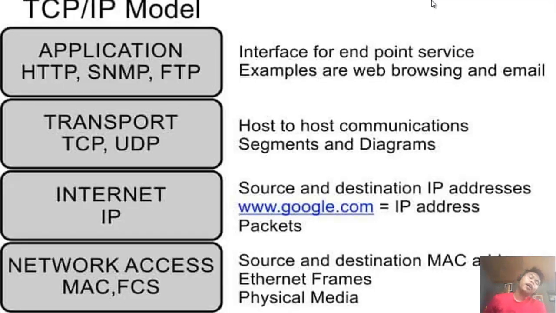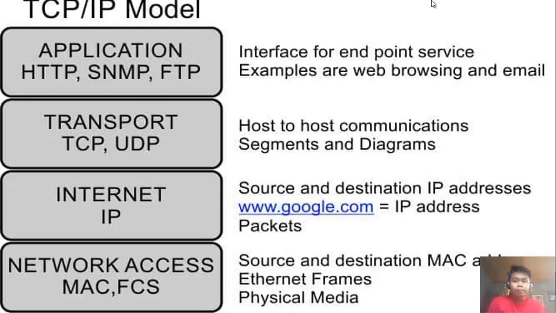So these are the 4 layers of the TCP/IP model. First is the application. The application is the interface for endpoint services, for example web browsing and email. The next is transport.